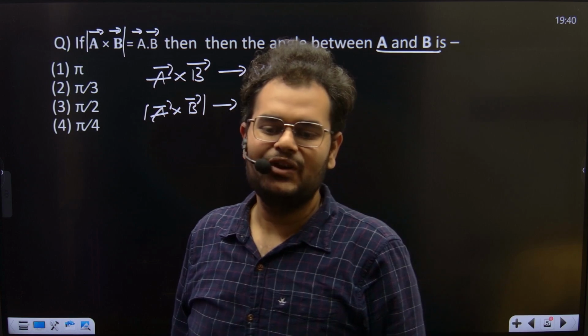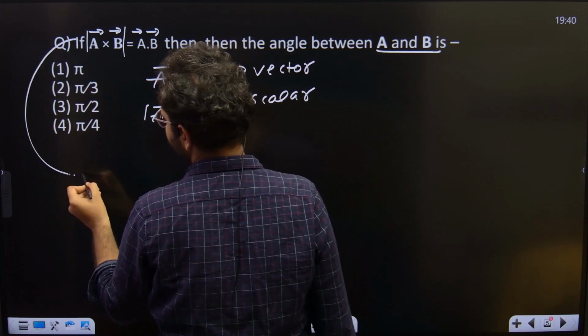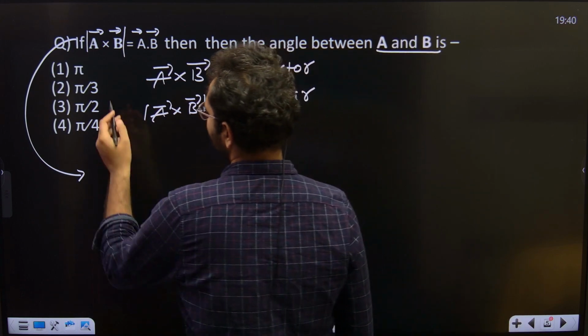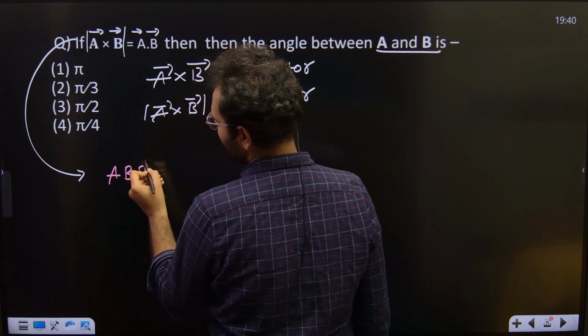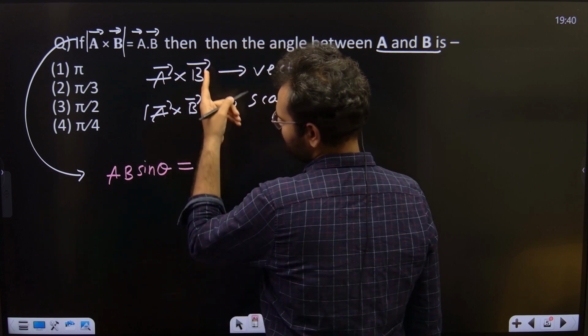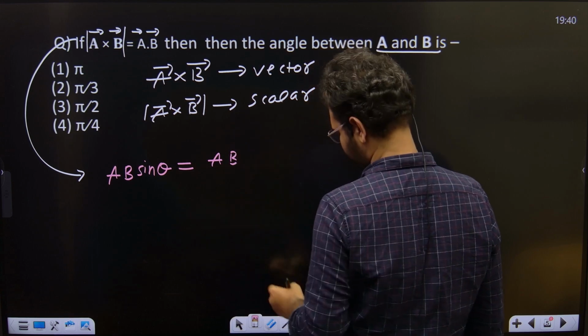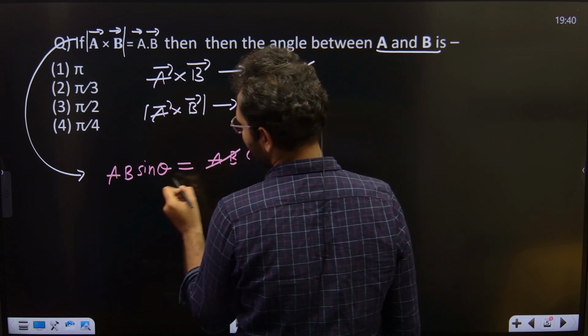Okay, are you getting it? Simple? Yes, sir, simple. So first let us write the formula. What is the formula here? So what is A cross B magnitude? It is simply AB sin theta must be equal to, what is this, sir? A dot B is AB cos theta. What happened? AB cos theta. Sir, AB cancel.